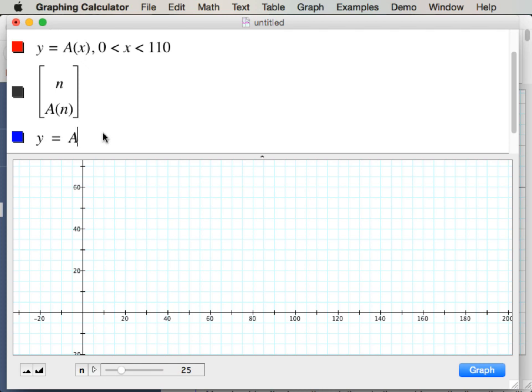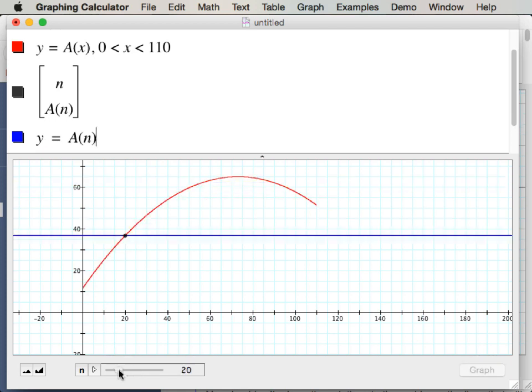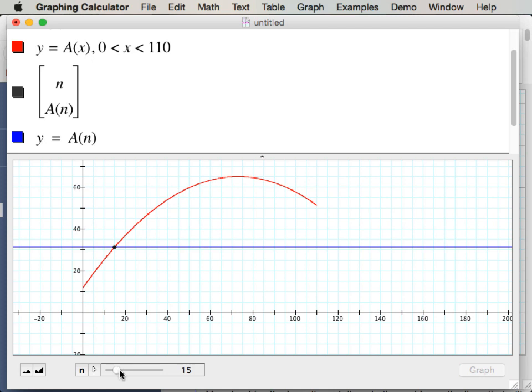Well, it's a of n. Okay. For all x values, good, right? And so we want just which x values? So now, like you said, when you do y equals a of n, you get all points that have that y value.